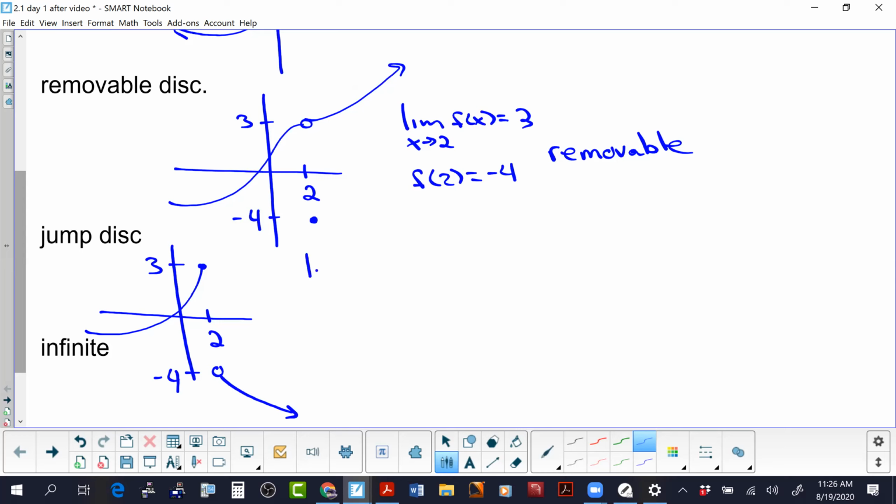Well, we would say that the limit as x approaches 2 does not exist, because in order for the limit to exist, the left-hand limit and the right-hand limit need to be exactly the same. They're not. The left-hand limit is 3, right-hand limit is -4. There's no limit there. Now, f of 2 is equal to 3. It still has a function value. It's where that solid dot is.